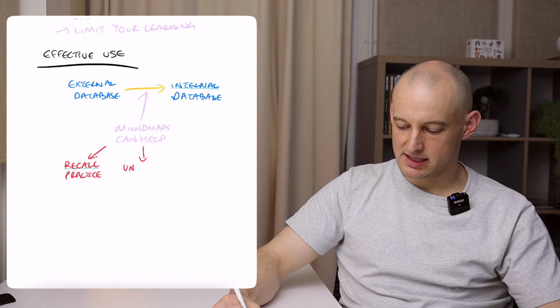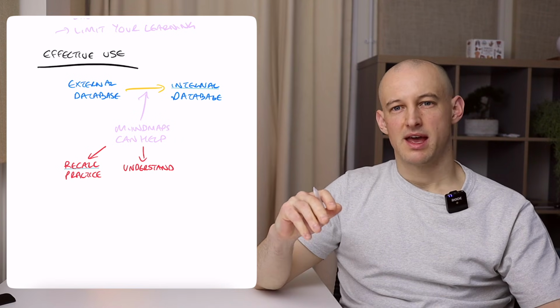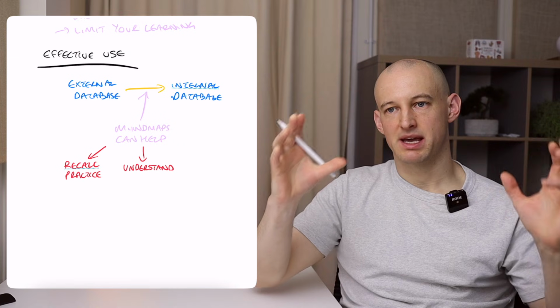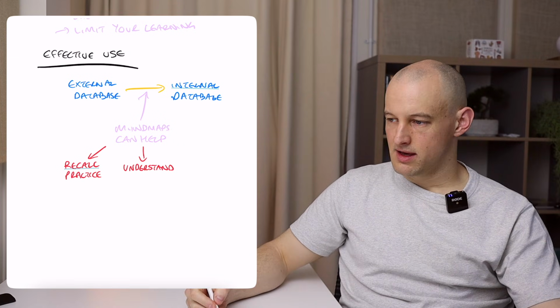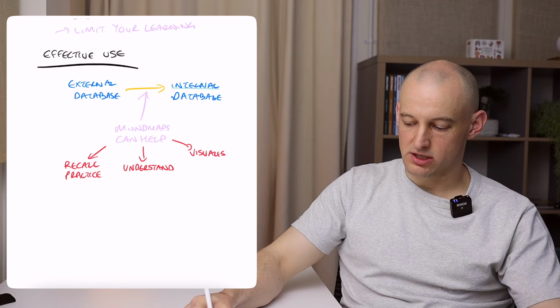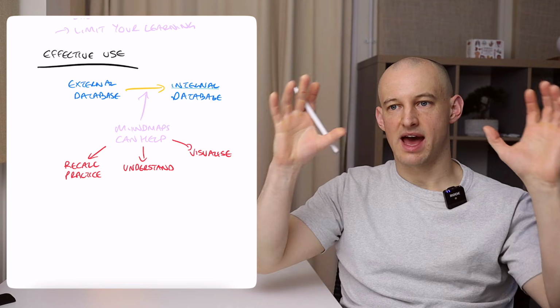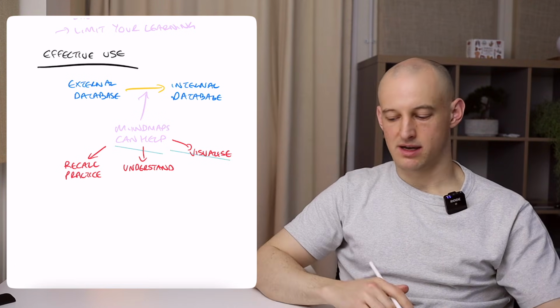They can help with your understanding. And we've been through how it can help you see the bigger picture, then the details, fit all of those together. And it can help you visualize the topic. So you can see how everything fits together, visualize how all the parts are connected.